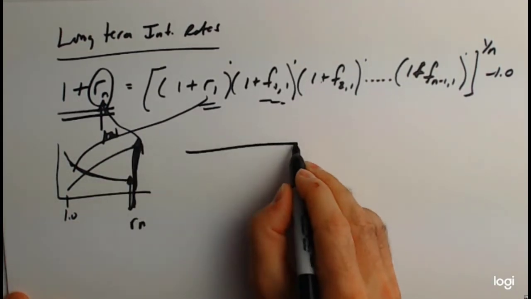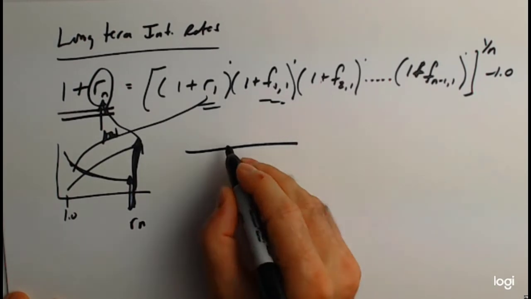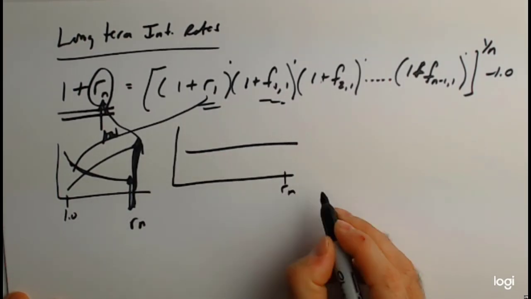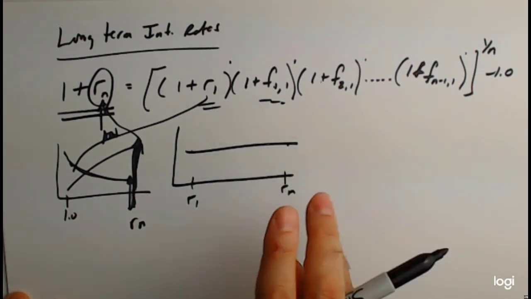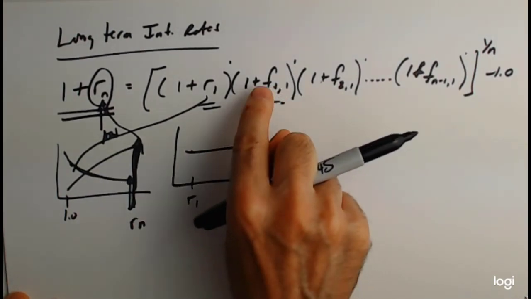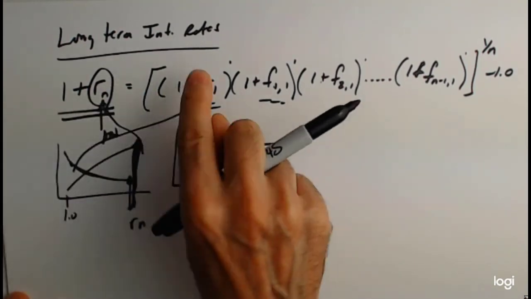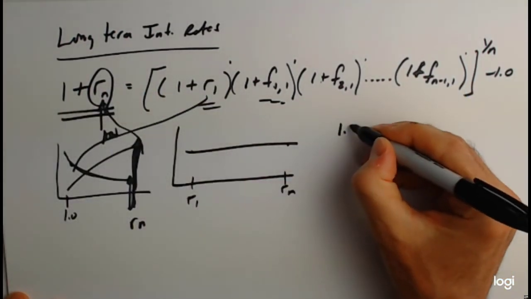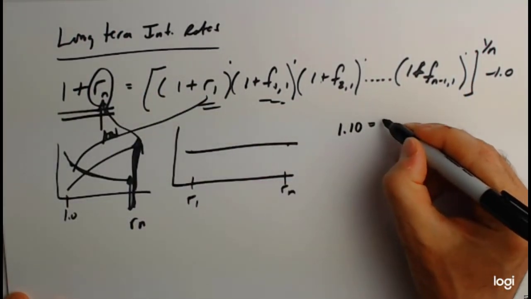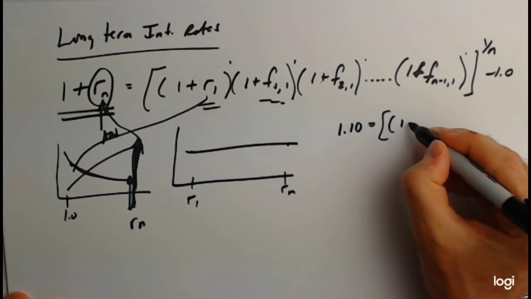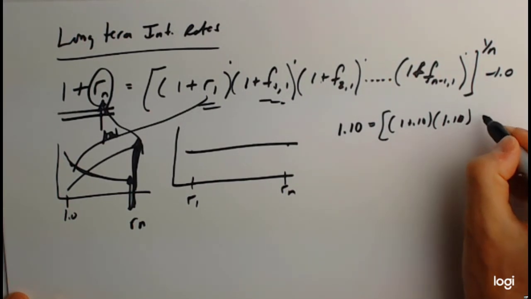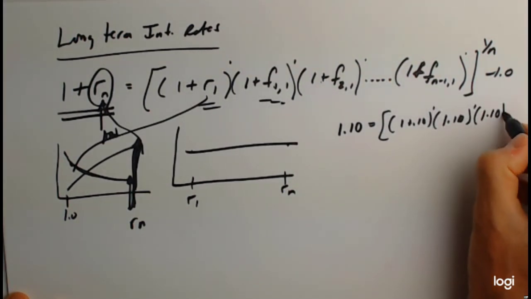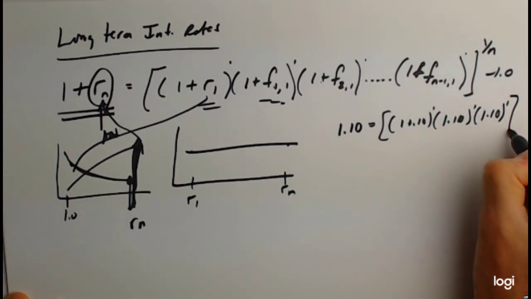And then if you had a flat yield curve, well, what would that mean? That means, well, look, Rn and R1 are the same thing. And if they're the same thing, that means all these interest rates are the same. So this would be 1.1 equals 1 plus 0.10, 1.10, and so on. Let's say every interest rate is 10%, right?